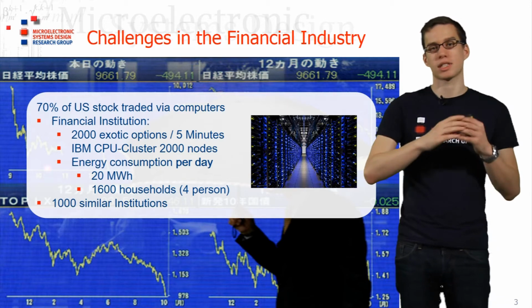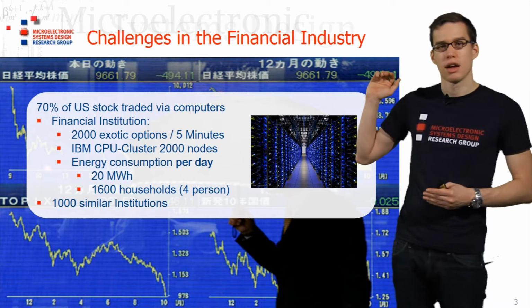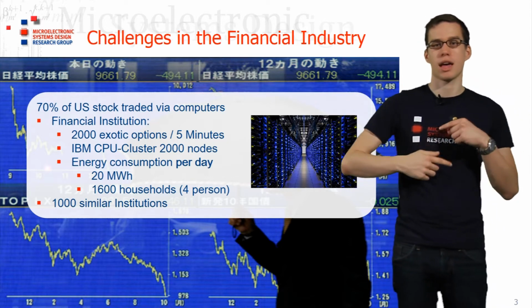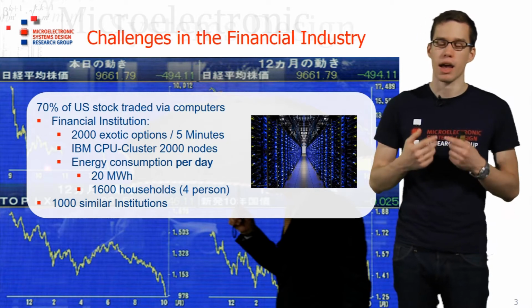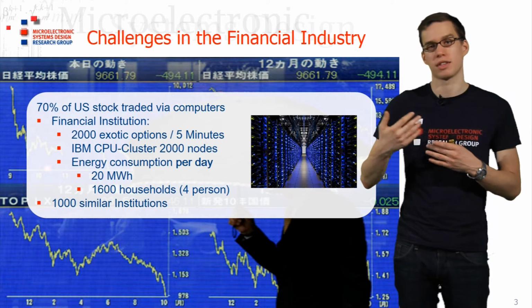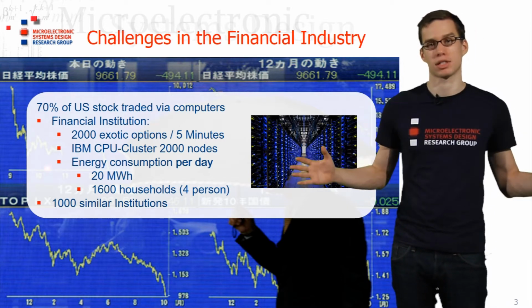And we have several financial institutions, and each financial institution has 2,000 so-called exotic options traded every 5 minutes. And these exotic options have to be evaluated with very advanced models. And to do that, they have big clusters.